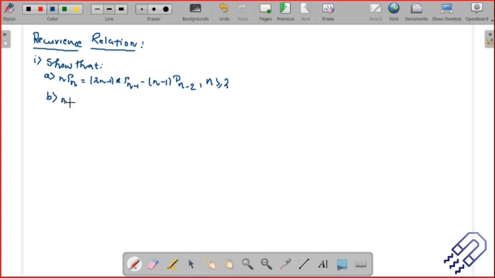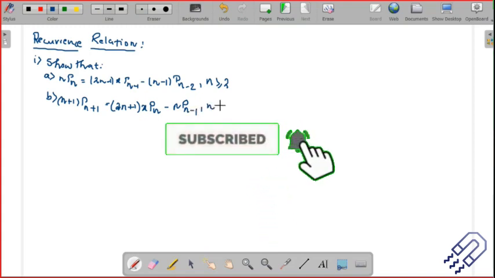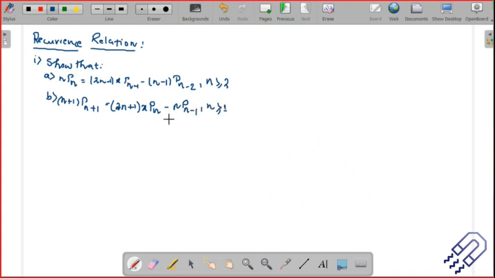Okay, then eventually you should be able to remember all of them. So as I'm writing, I hope that you are also writing it. Okay, this is the second relation. P n plus 1 is equal to (2n plus 1) x P n minus n P n minus 1, n is greater than or equal to 1.